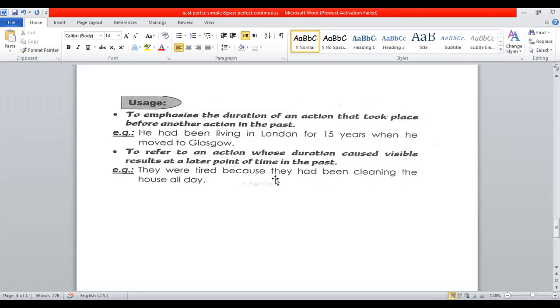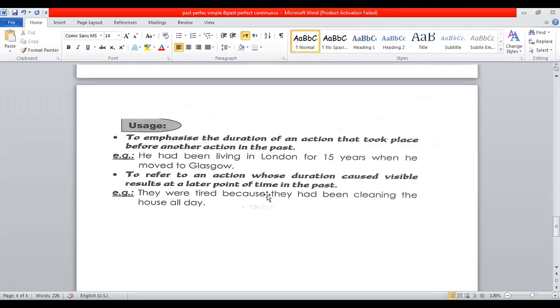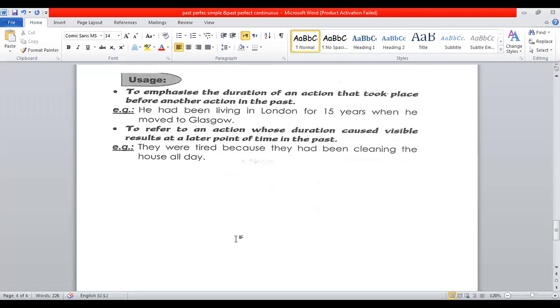Why? Because they had been cleaning the house all day. What was the result? The result here is that they were tired. Okay? So to express the result, we can use so or because. Okay, like this. They were tired because they had been cleaning the house all day.